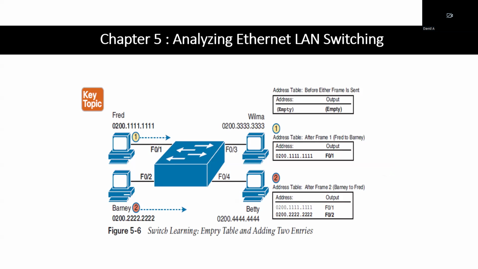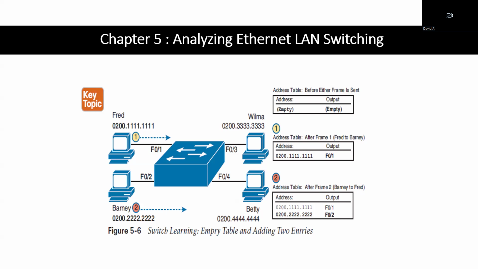One of the major functions of the switch is to learn about MAC addresses. Based on the source MAC address of where it received the frame from, it's going to log that MAC address within its MAC address table.